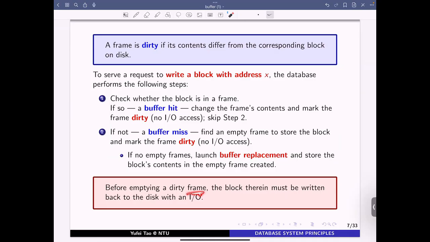So if a frame is dirty, the database will eventually perform an I/O to write the contents of the frame into the corresponding block on the disk. Okay, so this is a rule. Without this, you will be losing information.